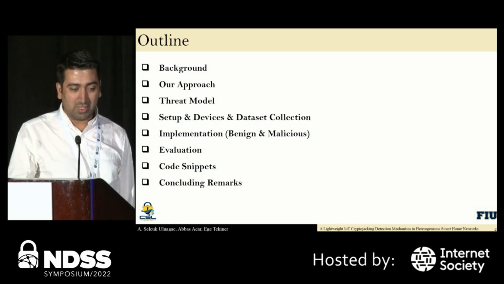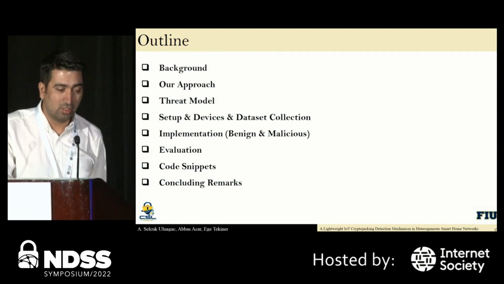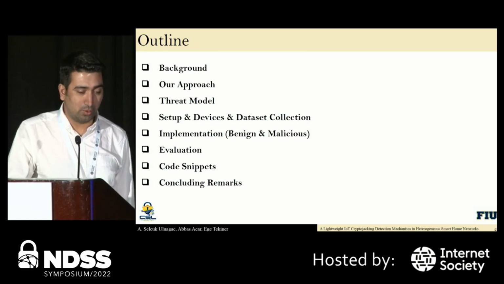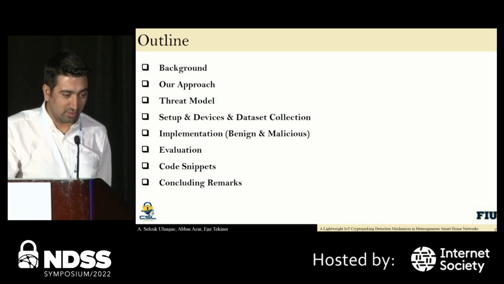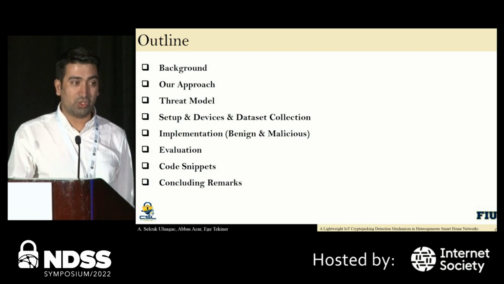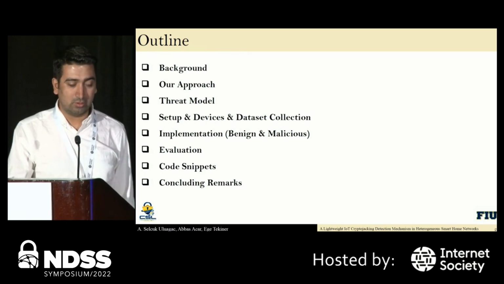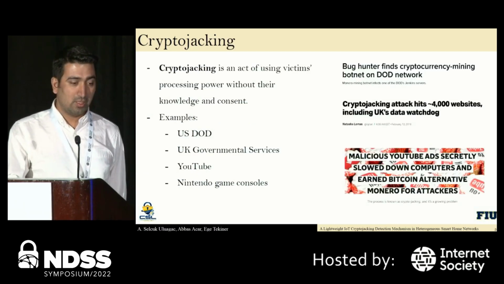Then we will explain the details of the benign and malicious data collection. And then we will explain our evaluation as well as the experimental challenges that we had throughout this study. Then finally, I will show some of the code we shared on GitHub, and I will finish my presentation with the concluding remarks.